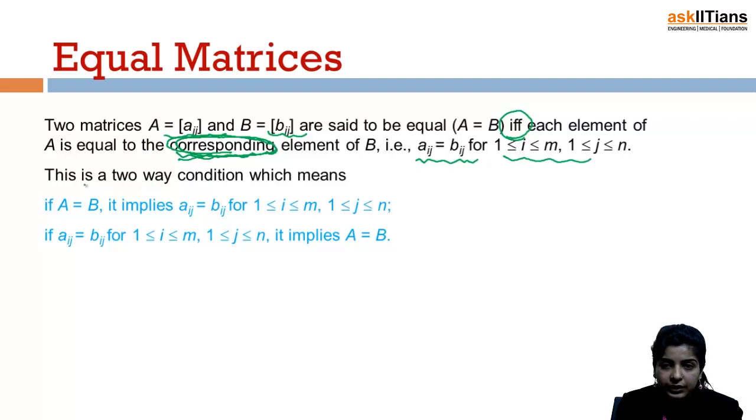So this is a two-way condition. The mathematical definition says if A equals B, then that implies Aij is Bij for every i and j, and if Aij is Bij for every i and j, then we have A equal to B.